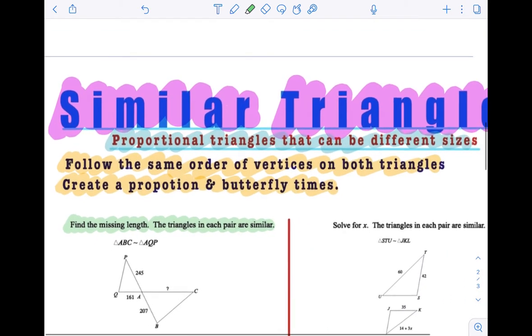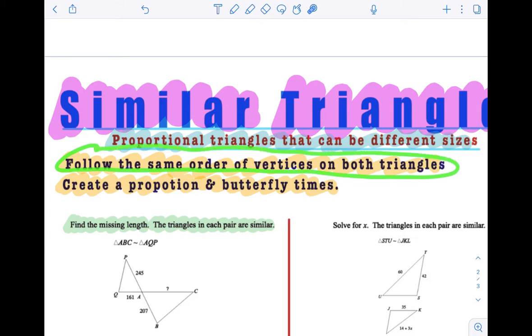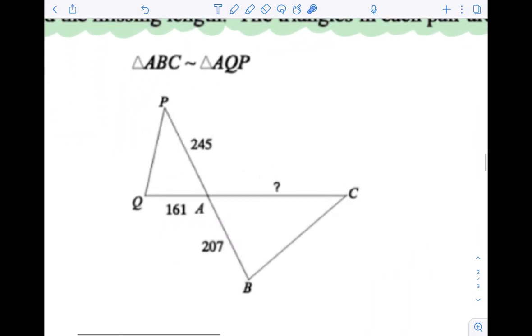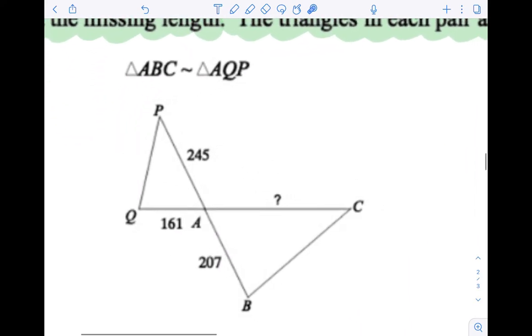The first yellow rule here says, follow the same order of vertices on both triangles. So we're going to follow this A, B, C in that order, is similar to A, Q, P in that order.